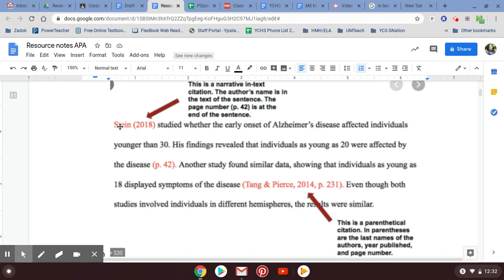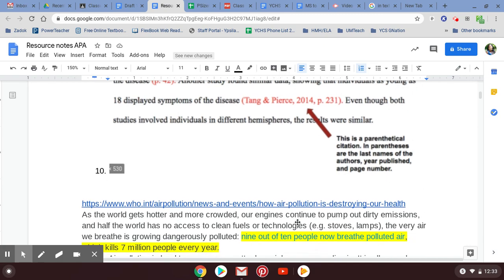That's the researchers. The date, which is the year when it was done, and finally the page number. And all that is inside. Now, when we do our list of sources at the end of the paper, all this information will be put in there as well.